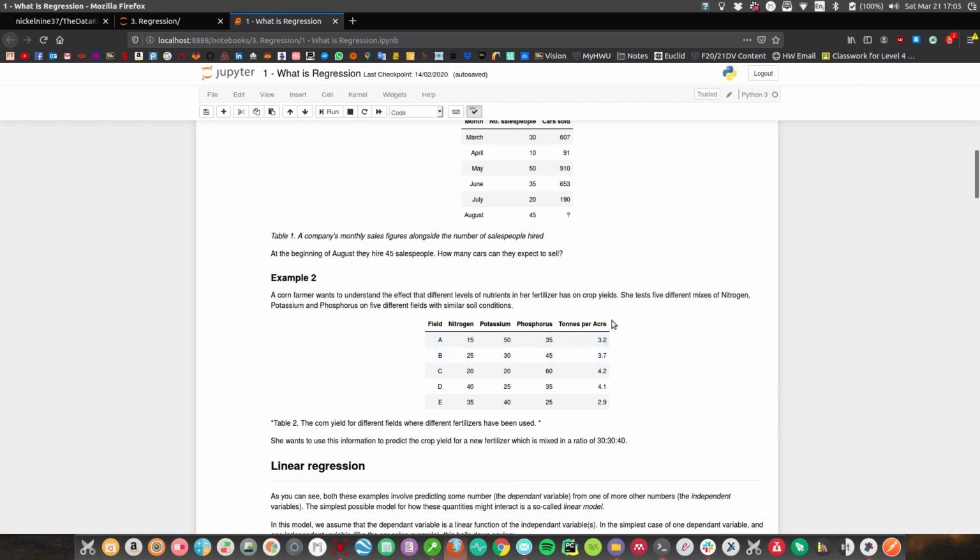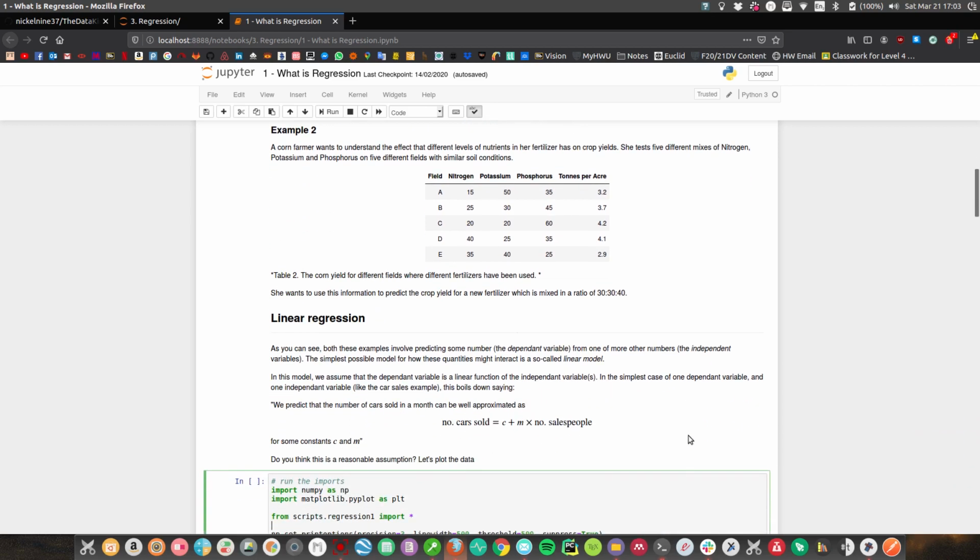And then she measures the crop yield in tons per acre on each of these fields. And then she might say, okay, if I get a new balance of fertilizers that I haven't used before, so here it says if I mix it in a 30-30-40 ratio, what crop yield can I expect to get on that new field? So that's another type of thing that we might be able to answer with linear regression.